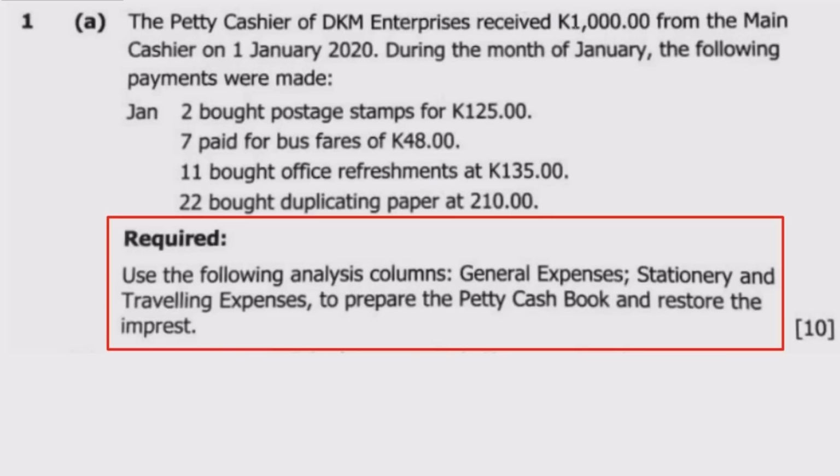Use the following analysis columns: general expenses, stationery and traveling expenses, to prepare the petty cash book and restore the imprest.